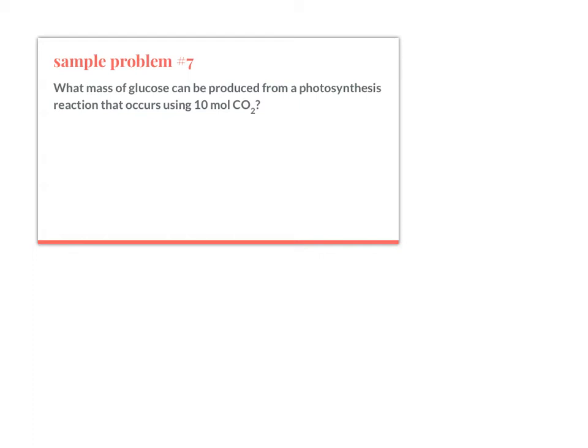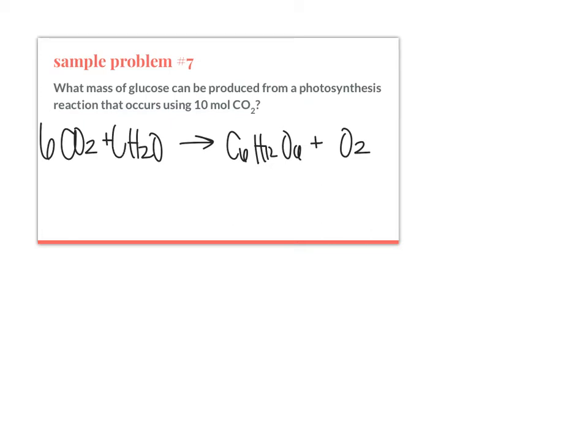It's talking about photosynthesis, so we know that that is CO2 plus H2O yields C6H12O6 plus O2, balanced 6 over there. Okay, first 2 steps done.